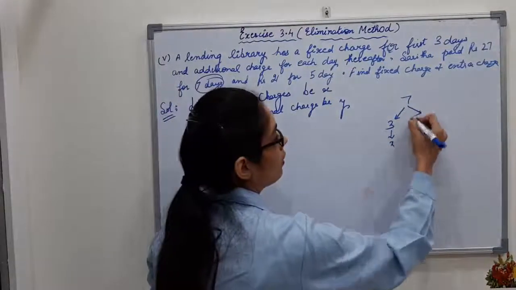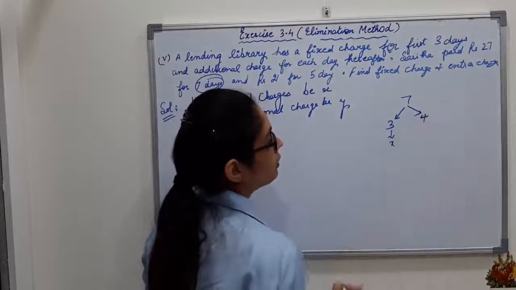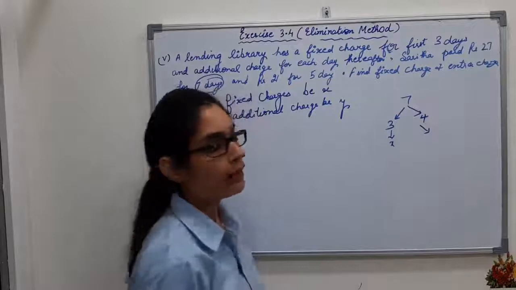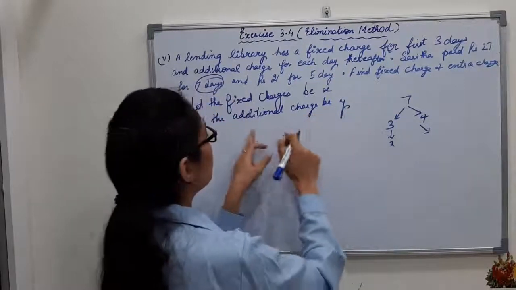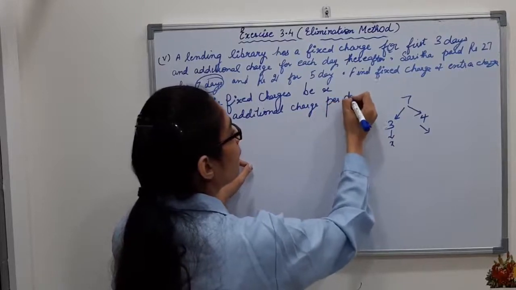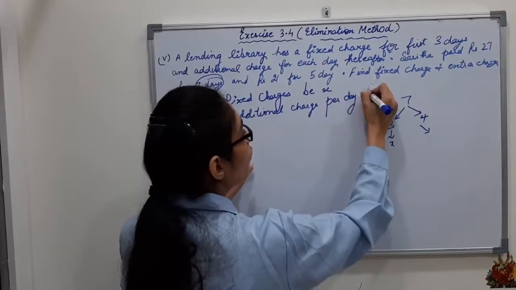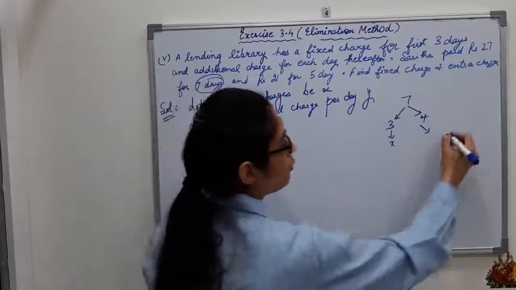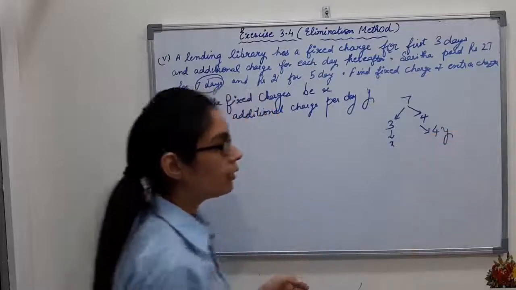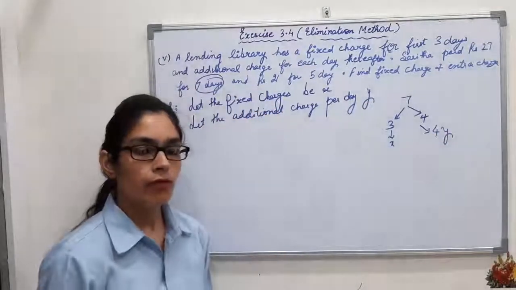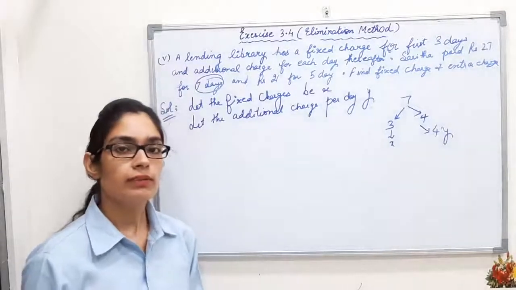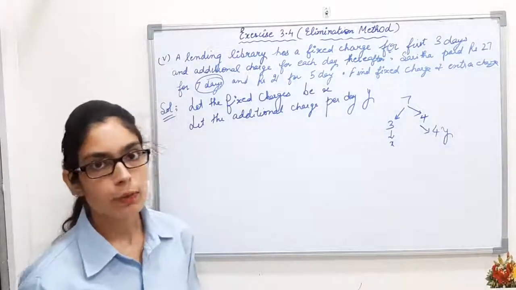And for remaining 4 days she has paid some amount per day. Additional charge per day is y. So if she is paying y each day, for 4 days it will be 4 into y. For example, if I am paying 5 rupees per day, for 4 days it will be 5 into 4. That means for 4 days I have to pay 20 rupees.